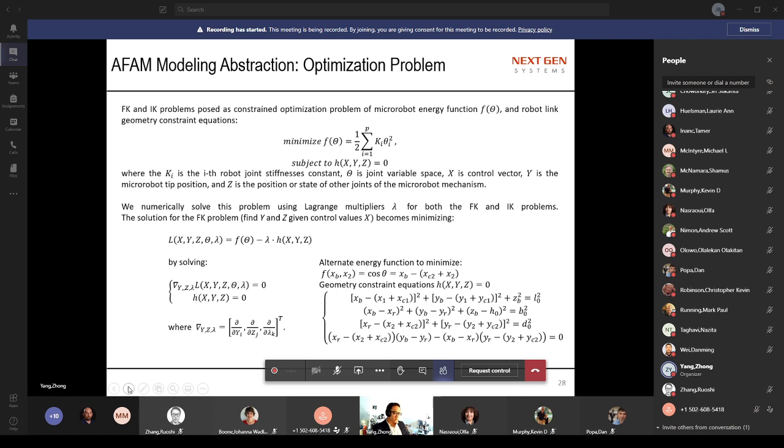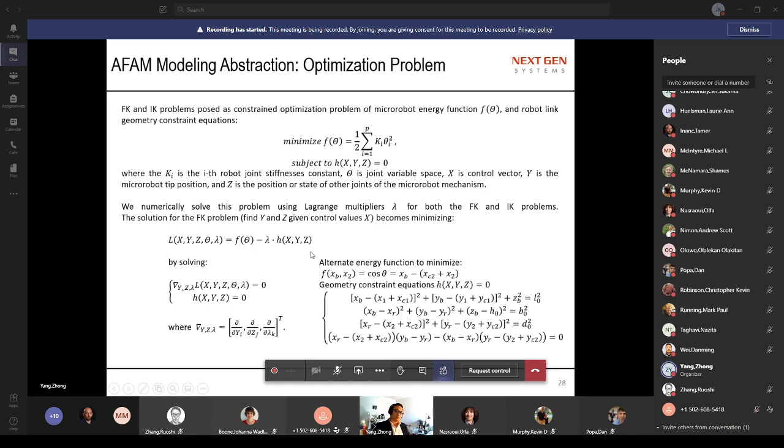From physics, we know that at each time, the system always stays in the minimum energy state. So basically, we can model this micro robot with the goal function as the energy function. The constraint is from the geometric relation, the geometry constraint. We combine them together, and we can use a Lagrange multiplier to get the model of this micro robot.